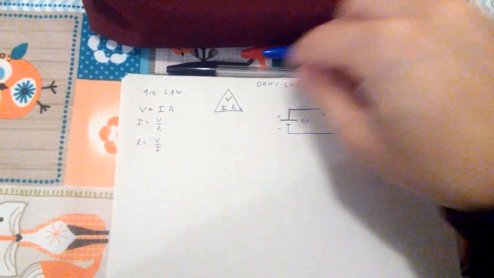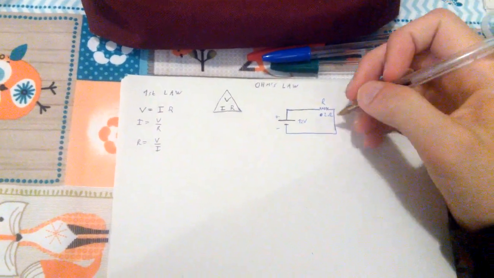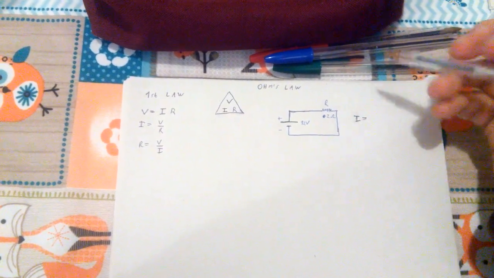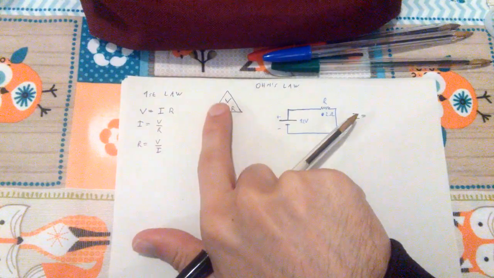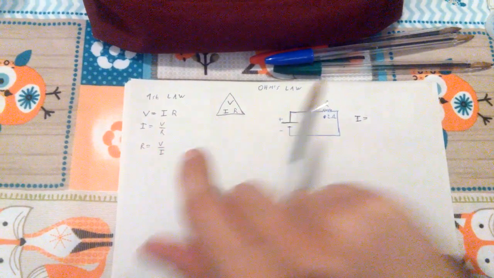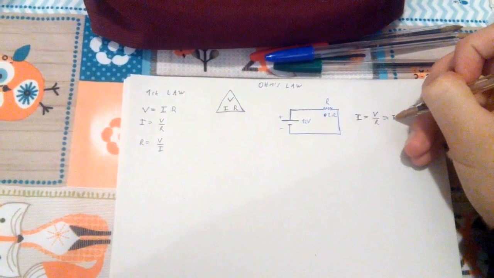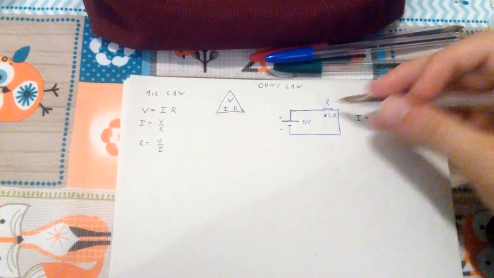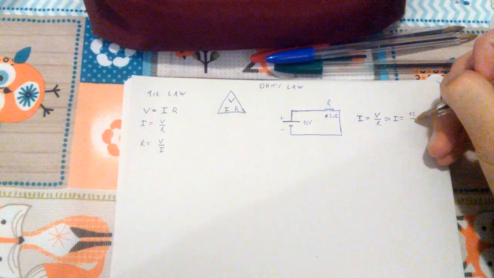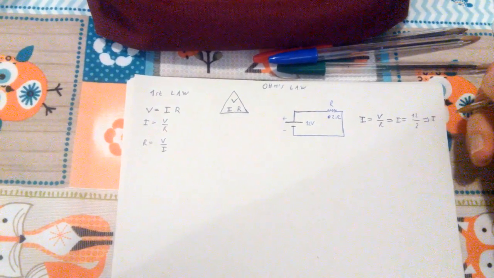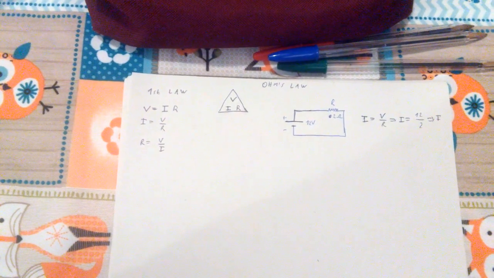So you can say, okay, fair enough. I want to find the current. The current is given by, cover the current, V over R. So I is V over R, which is 12 over 2. So what is 12 over 2?